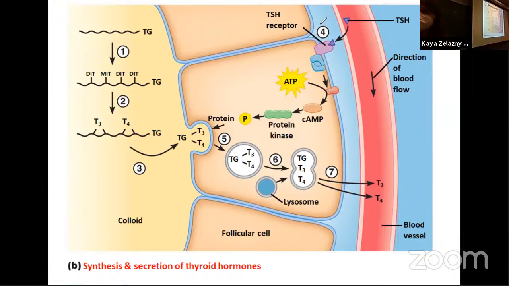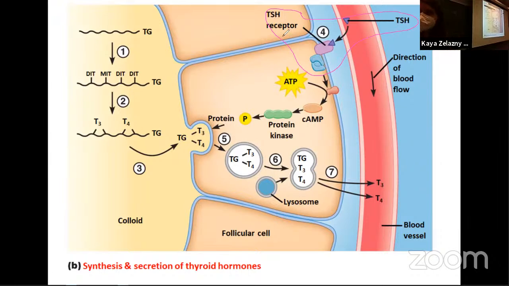So we jump all the way over here to our TSH receptor. TSH is thyroid stimulating hormone. So it's coming from what part of the body? Yep, that's one of our anterior pituitary hormones.